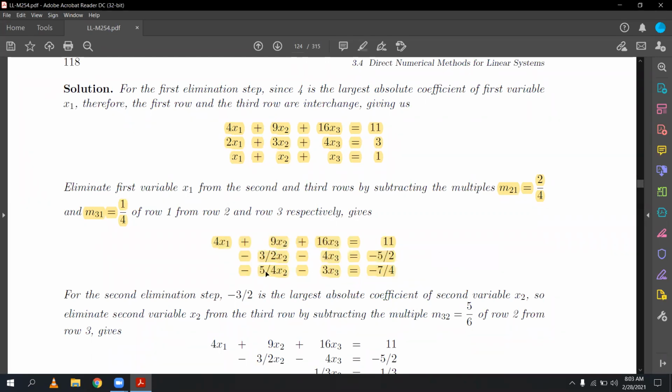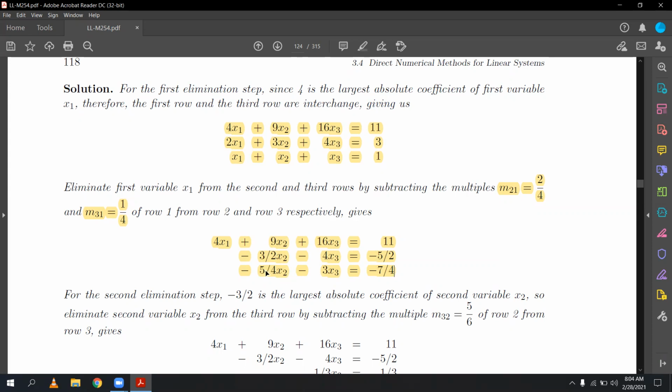Now we have to look at the second column and see which one is the maximum. We don't care about negative or positive, because we have to consider the absolute sense. So 3 by 2 is 1.5 and 5 by 4 is 1.25. So this is the maximum, and when this is the maximum, there is no need to interchange.